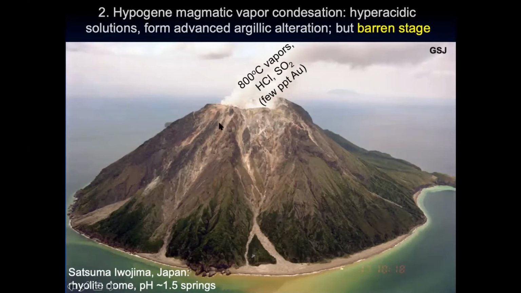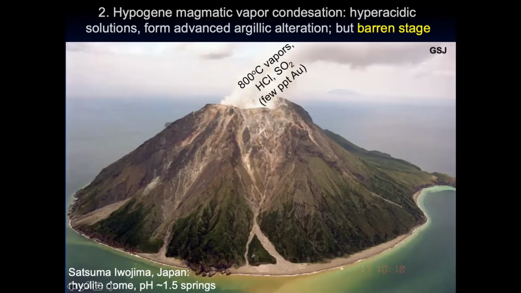Now, this is a rhyolite dome, extruded 1,000 years ago just south of Kyushu in Japan, called Satsuma-Iwajima. These are acid hot springs along the margin, pH 1.5 acid springs. You can see these precipitates around the island.